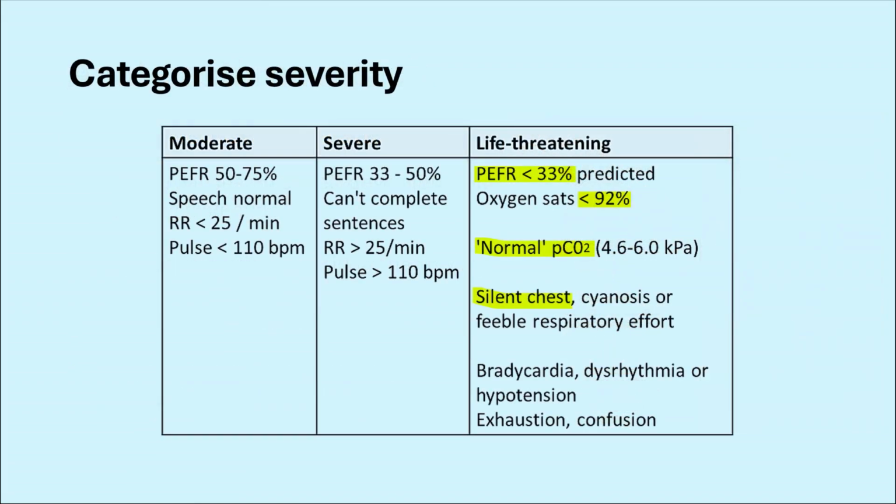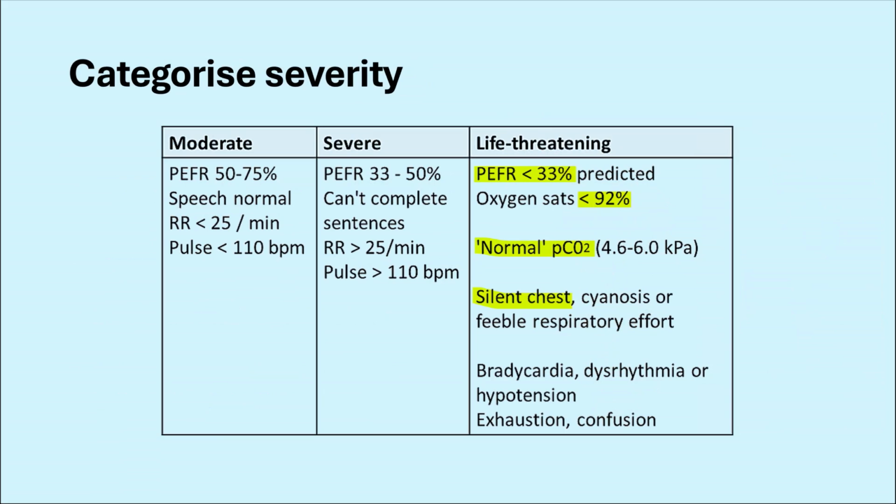Now, hopefully you understand what's happening in an acute asthma attack. What do we do as clinicians? We try to categorize the severity, and this can guide us on who to involve quickly, as in would you want to involve ITU, non-invasive ventilation, and so on. Essentially, again, this is just a number memorizing thing.